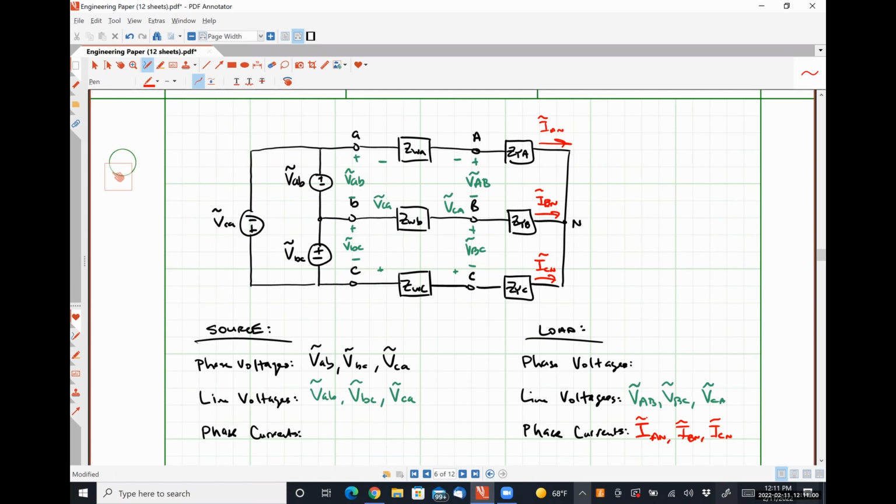So phase currents represent the current that's flowing through one phase of our source. Okay. And we have adopted the convention that the current is flowing from the positive polarity terminal to the negative polarity terminal. So if this is one phase of our voltage source, our phase current would be IAB flowing down, IBC flowing down, and ICA flowing up.